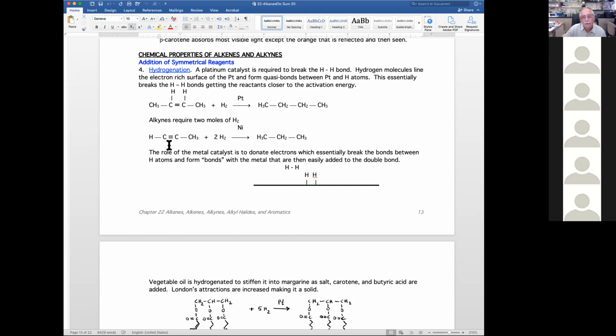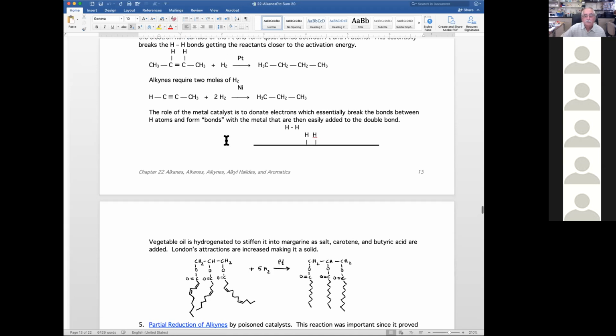Okay. And you might be wondering, what does the catalyst do? The catalyst is rather interesting because it doesn't seem like this would happen, but it does. If you take a really nice shiny metal surface, metals want to donate electrons. They easily give up their electrons. So here's a hydrogen, it bumps into it, and it starts sharing electrons with this electron-rich metal down here.